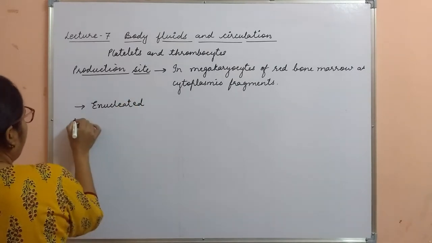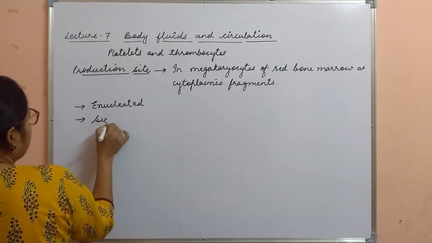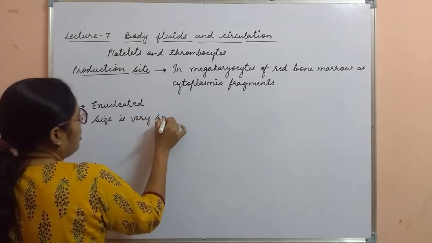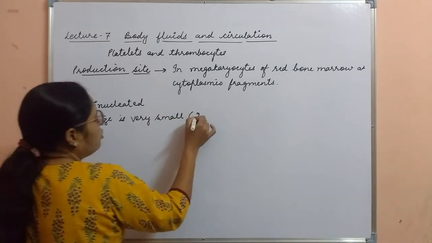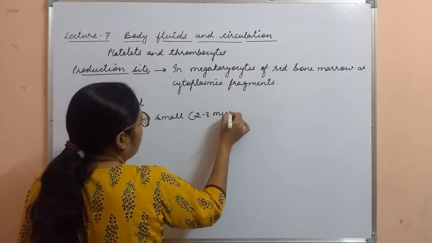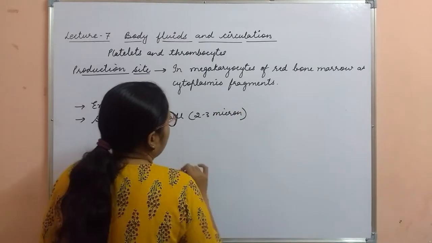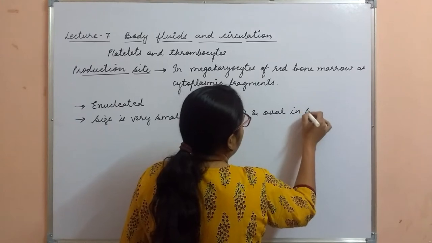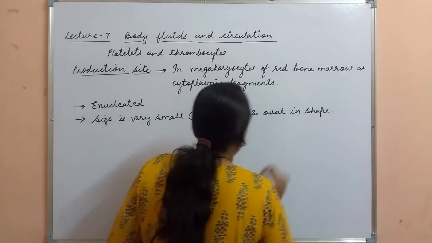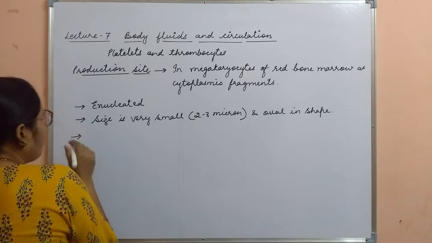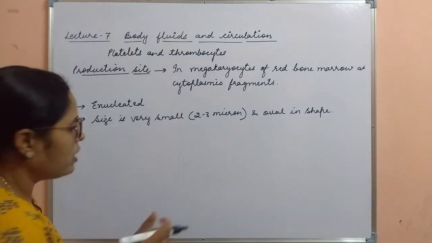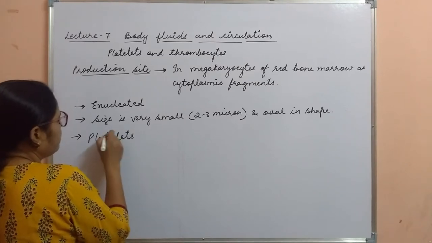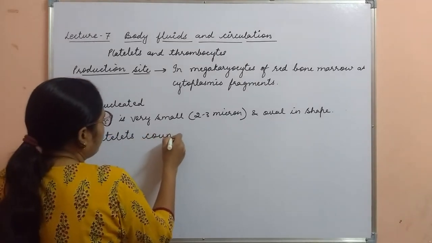Clear? Shape and size. Size is very small, about 2 to 3 micron, and the shape is oval. Clear? Now the number of platelets, that is called the platelet count.